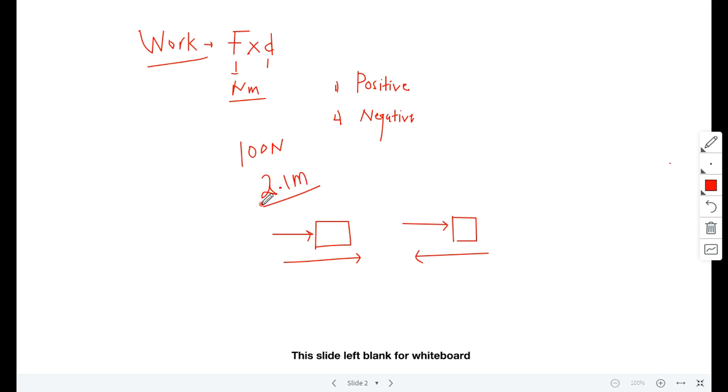The force is 100 newtons and the displacement is 2.1 meters. So it is 210. Yes, 210, and the unit is joules. It's Newton meter, but its SI unit is joules. So everywhere you have to write joules.